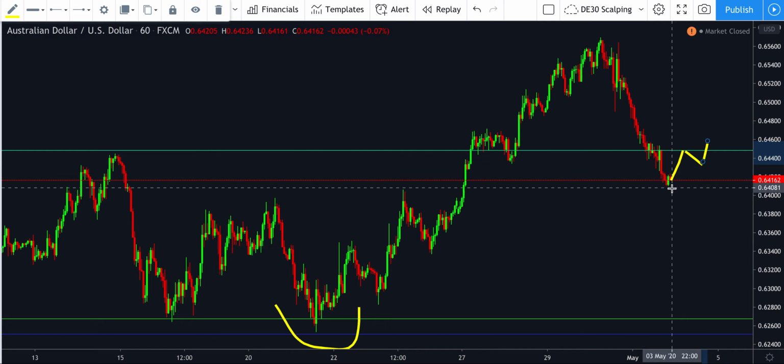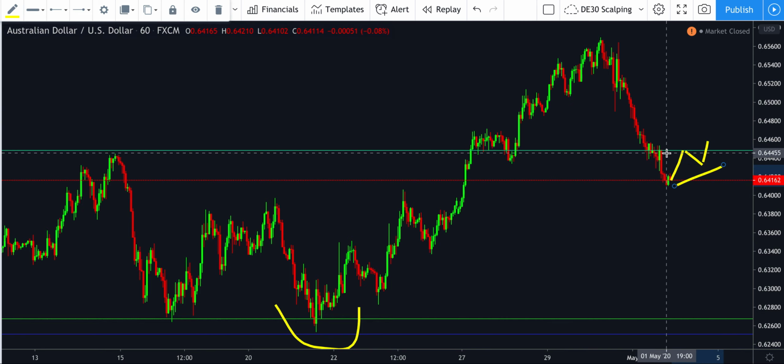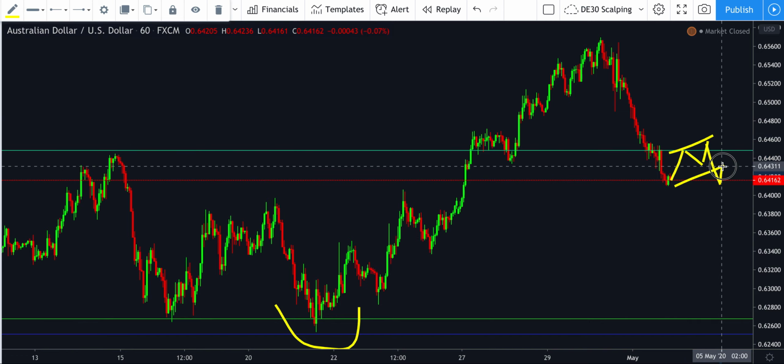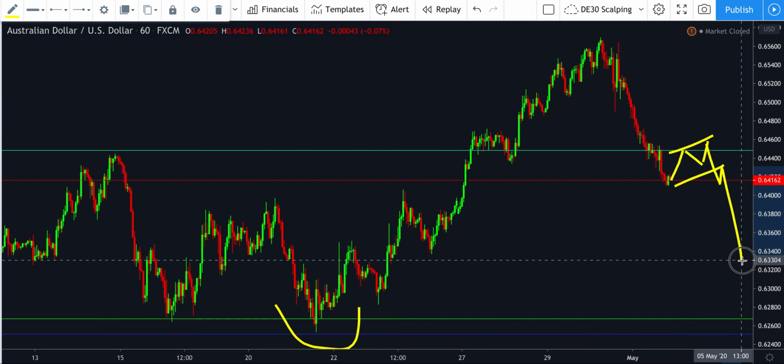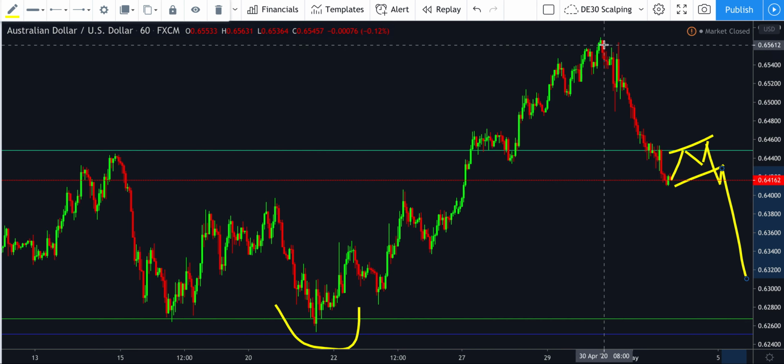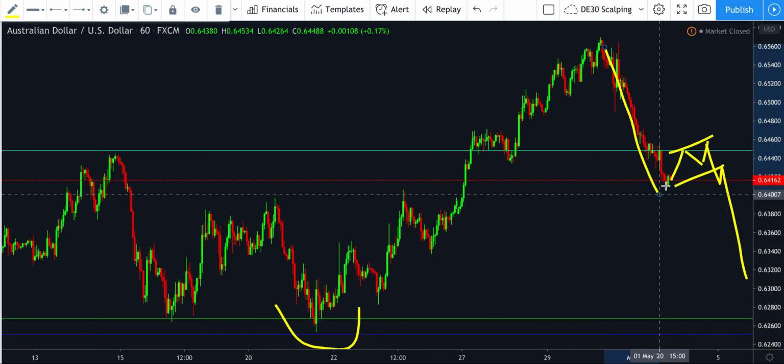And depending on the shape of the correction, if it's a corrective move like here, we would wait for price breaking out of the correction and then sell the second leg, or the second impulsive move.